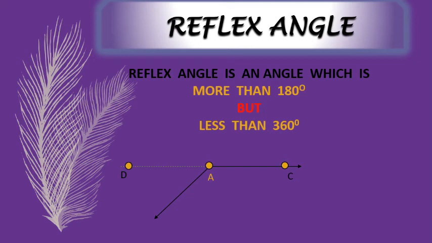Why am I saying this? Because it lies between 180 and 360. So the turn from AC to AB is called reflex angle, which is greater than 180 but less than 360. I hope you have understood.